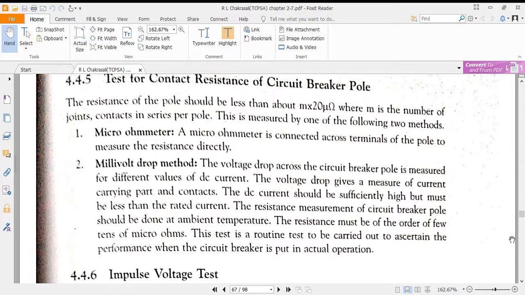So this is how we calculate the contact resistance of a circuit breaker, which is in micro ohms. This must be remembered.